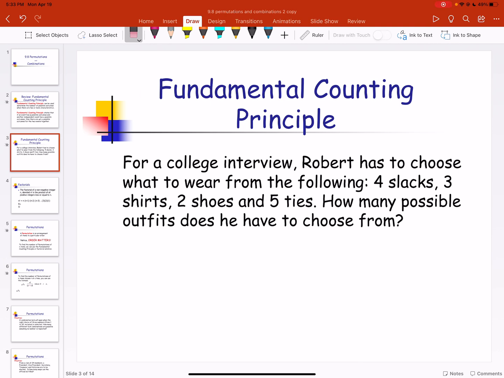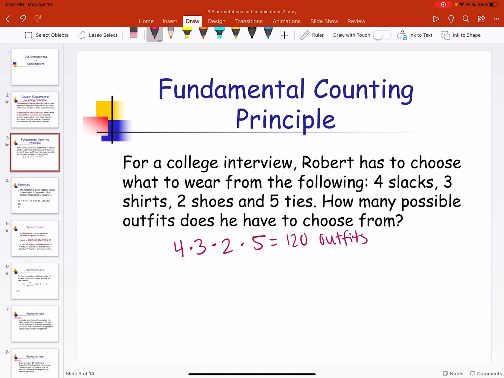I've shown you before that we can make a tree diagram, but the easier way to do this is to just multiply. The 4 slacks are independent from the shirts, which are independent from the shoes, which are independent from the ties. All you're doing is multiplying those totals together to find the total number of outcomes. So that's going to be 120 outfits. Okay, so that's just a quick review.